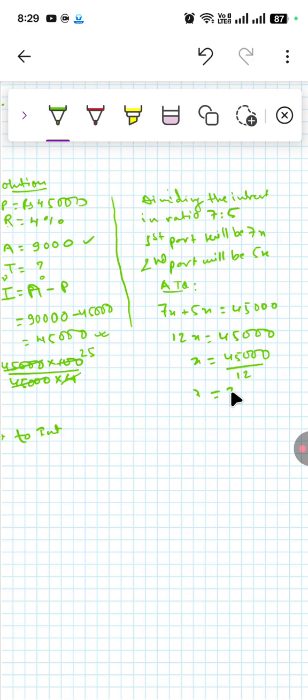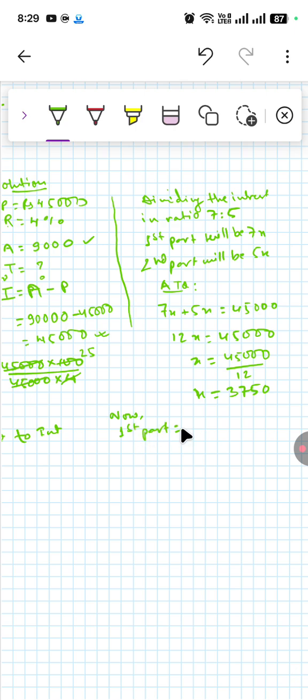So 12 3s are 36, 90, 12 7s are 84, 60, 12 5s are 60, 0. The value of x came.